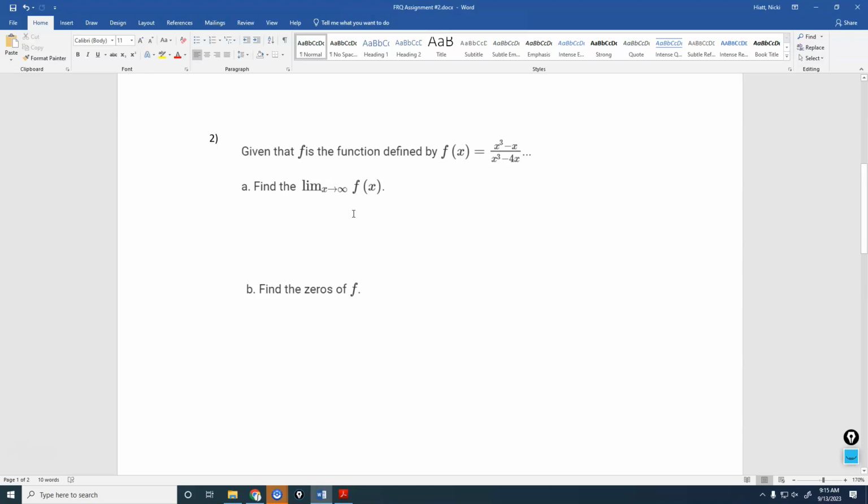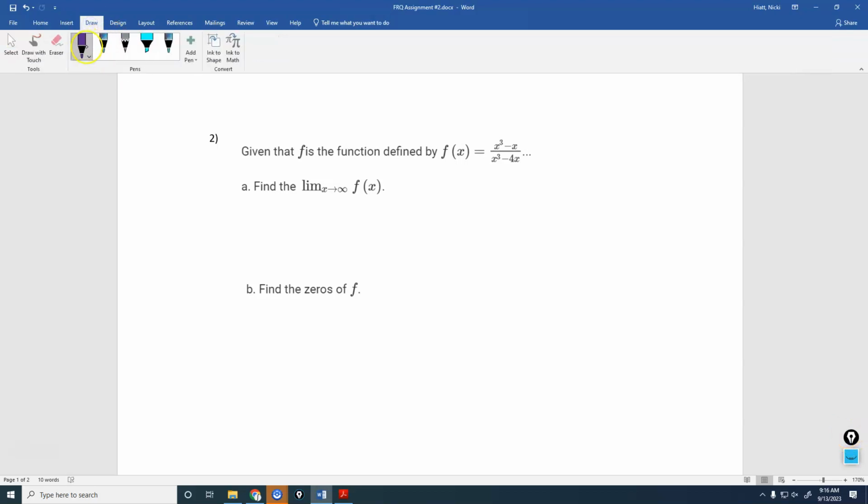Do you guys know how to find a 0? Since we have looked at 3A, let's look at 2B real quick, because we have not found zeros in this class.